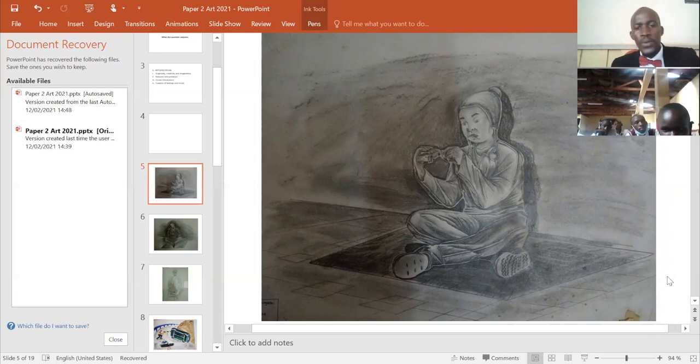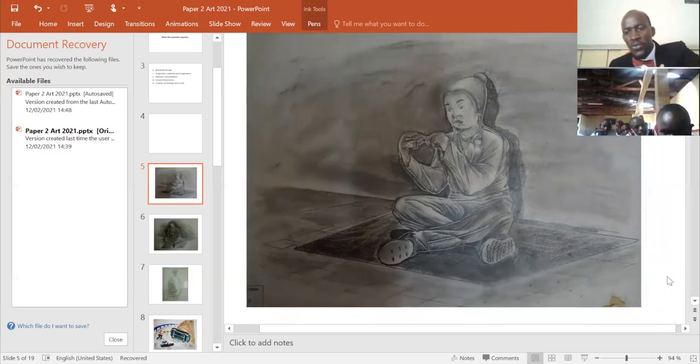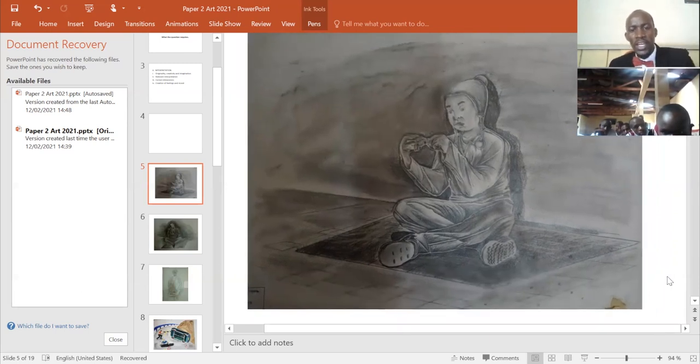And then appropriate use of space. Has the candidate used the space appropriately? No. So out of 5 again, how many marks would you give? 2.5.